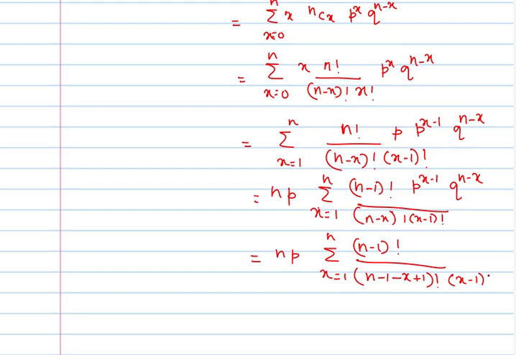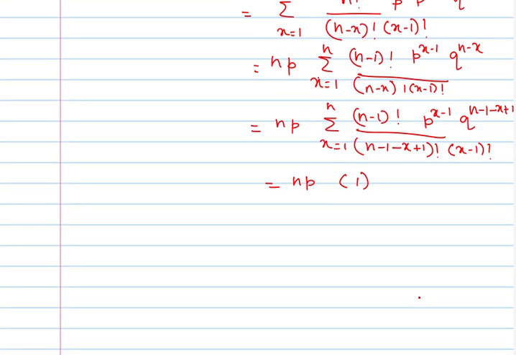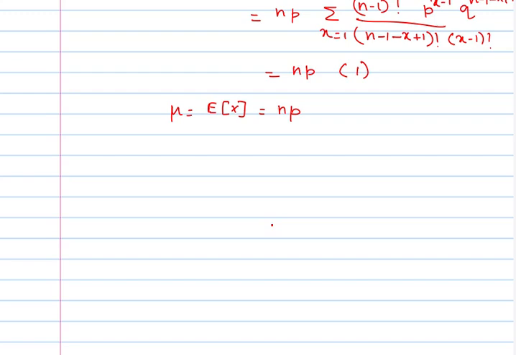Adding everything, the sum equals 1 from the binomial theorem, so we get np. So our mean, the expectation of X, equals n times p. Similarly you can do the calculation for the variance.